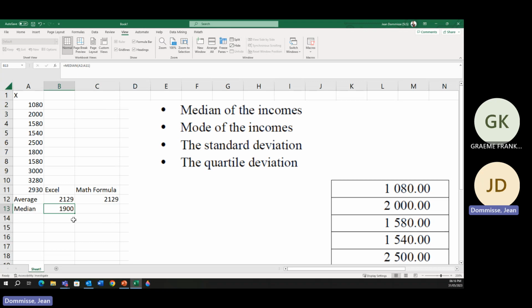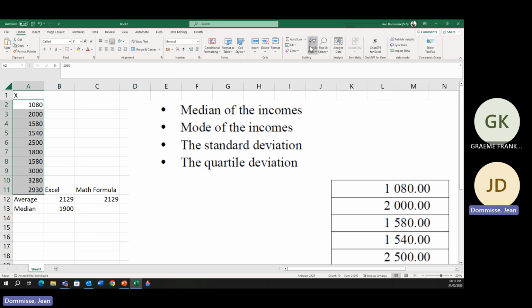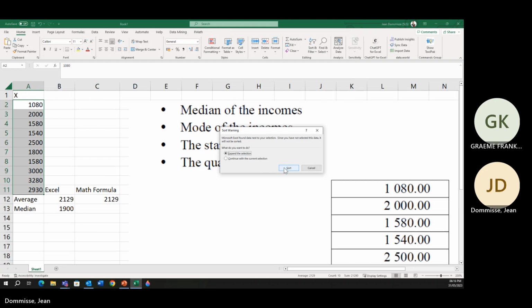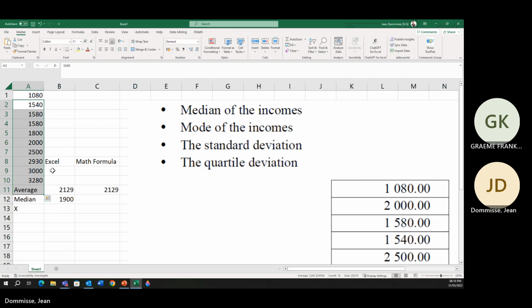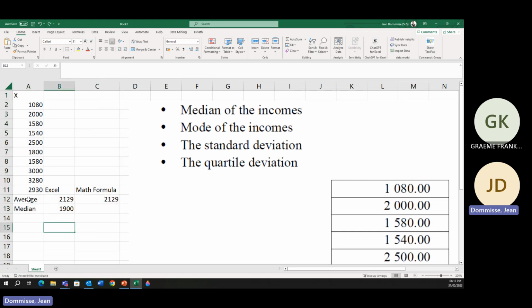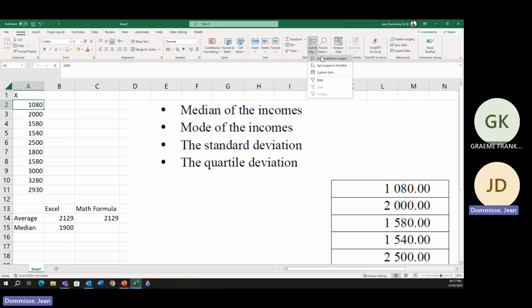But if you're not using the Excel function, you first need to sort this data. So let's sort the data, and you will see it doesn't change anything here.